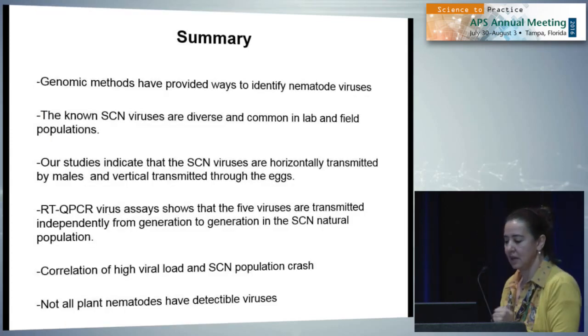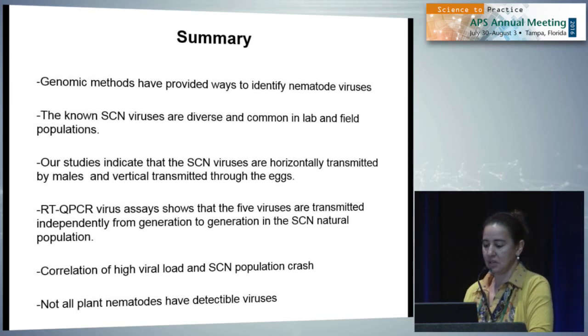In summary, as you saw, genomic methods have provided ways to identify nematode viruses. We were surprised that the soybean cyst nematode appears to have a rich number of viruses from diverse groups, while root knot nematode didn't have any.